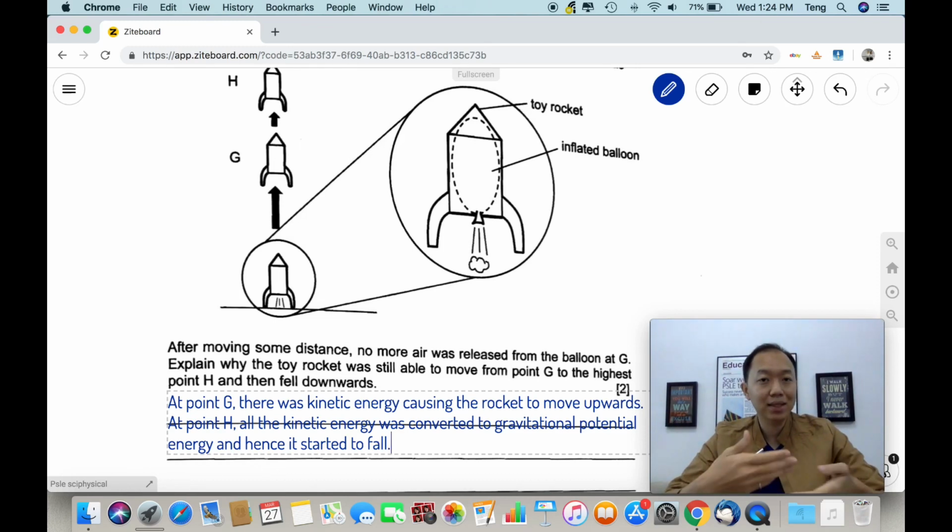Understand? Not enough kinetic energy to push up. So once it reached point H, which is at the maximum gravitational potential energy but zero kinetic energy, it started to fall. Okay, let's see if that's what they are looking for in the exam.